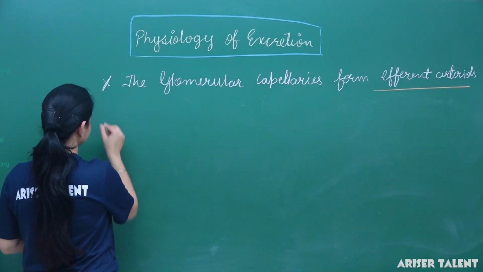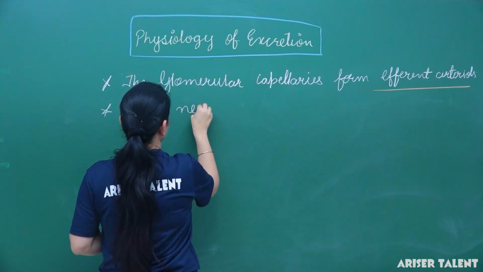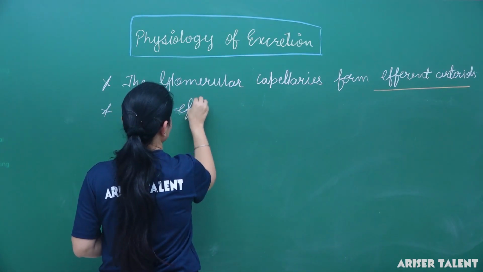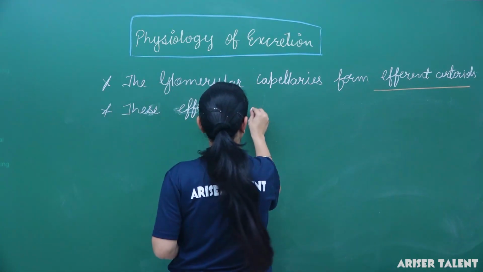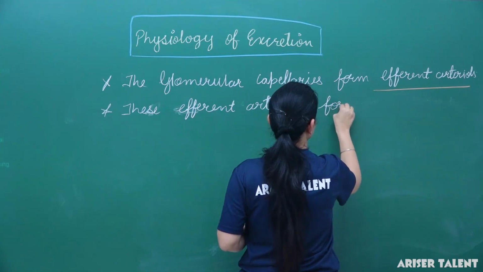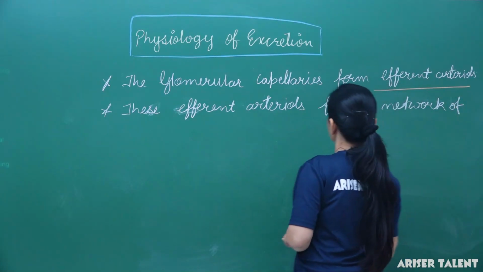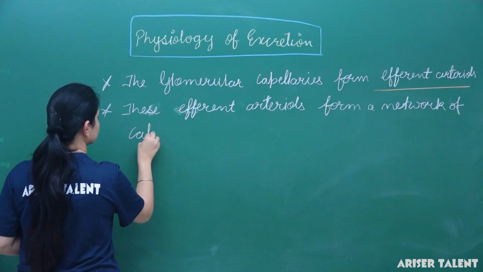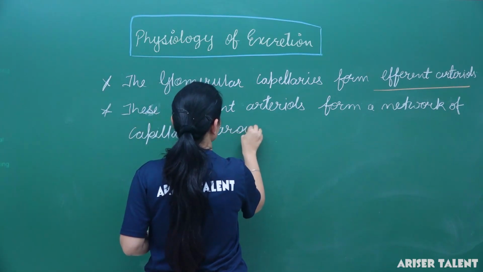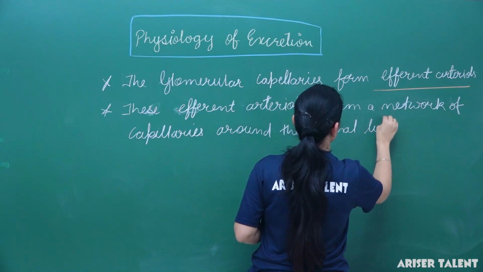These efferent arterioles form a network of capillaries around the renal tubule.